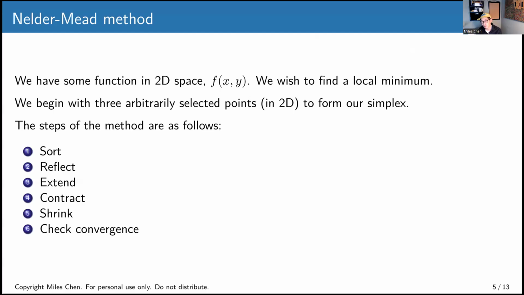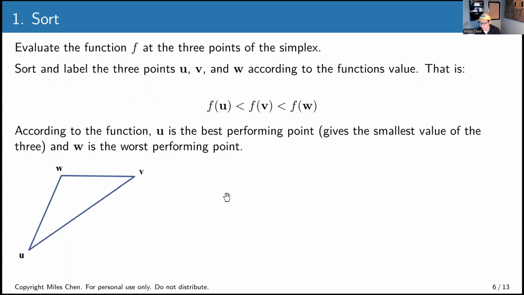The first step you'll always do is sort, and then you will try reflecting the points, and then perhaps try an extension, maybe a contraction, maybe shrinking it. One of steps 2 through 5, and then once you use the algorithm to select a new location, then you will check for convergence. If it hasn't converged, you will repeat, and you will keep going, sorting and then doing one of these operations.